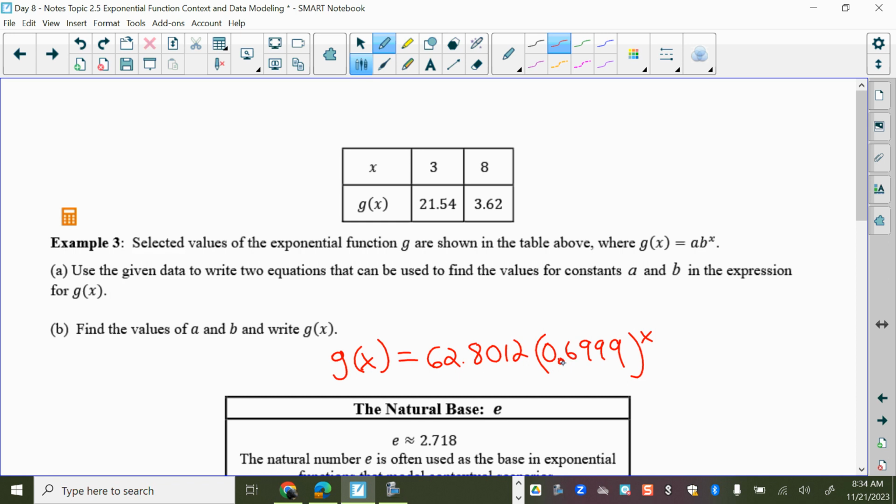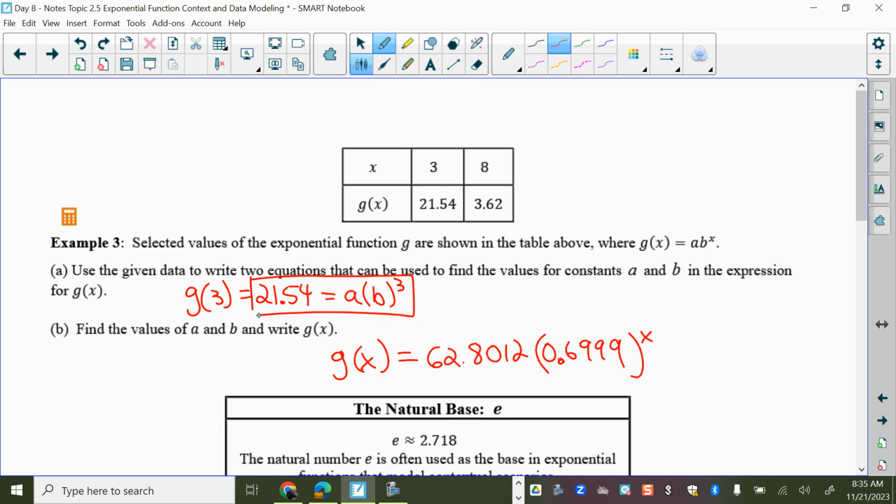But up top it said to use the data to write two equations that we could use to solve for A and B. When you give this data, you're saying that g of 3 is 21.54. What you're saying is you're taking A times B to the x with x equal to 3, so this is equal to A times B to the third. G of 3 is when you plug 3 into that problem, and so this is an equation with the information you gave me.